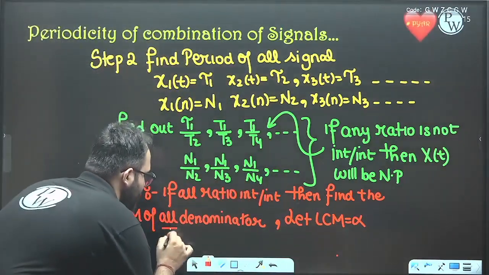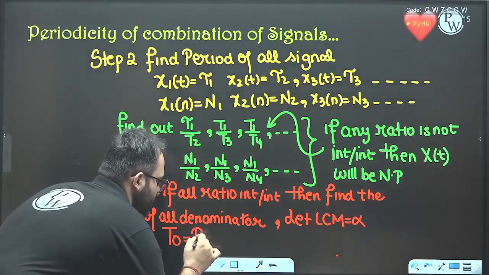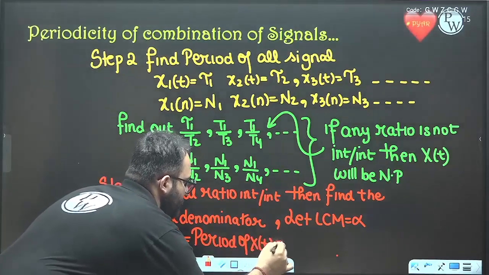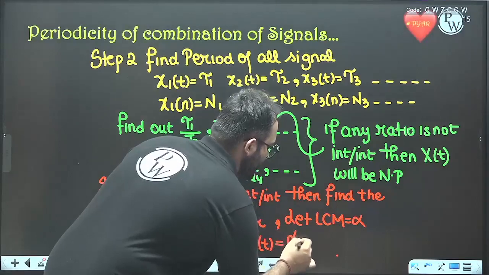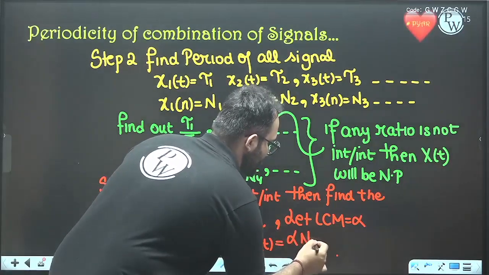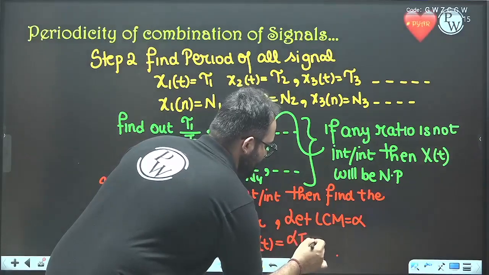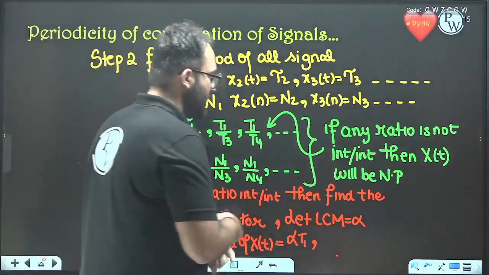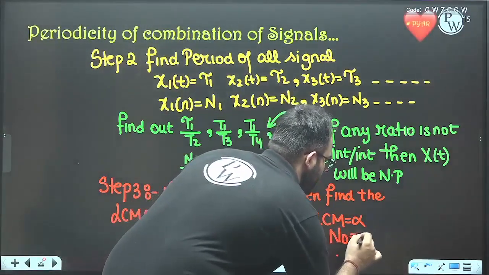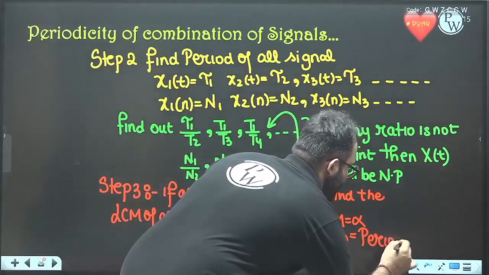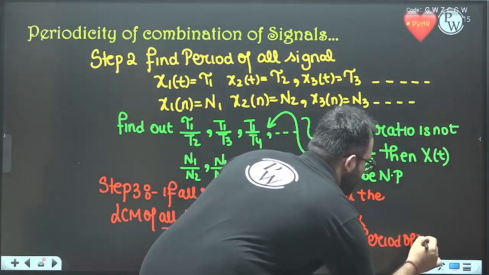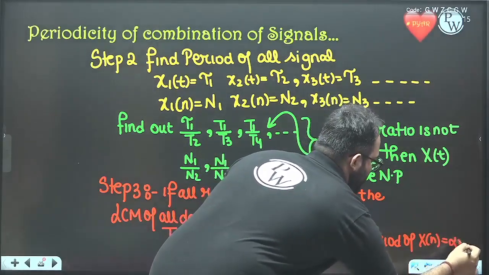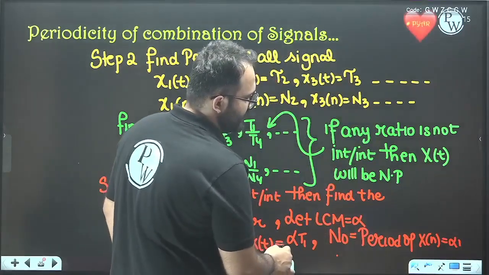Then the period of x(t) will be T0 equal to alpha times T1, and similarly N0, the period of x[n], will be alpha times N1.